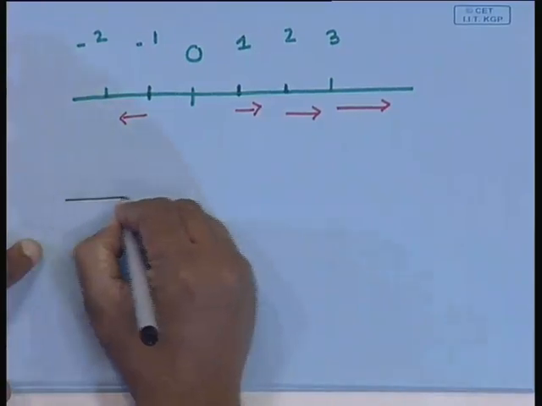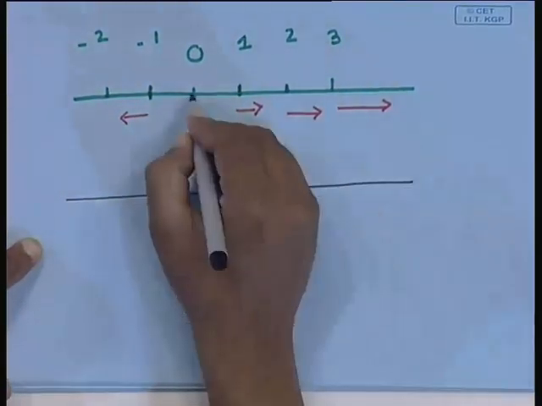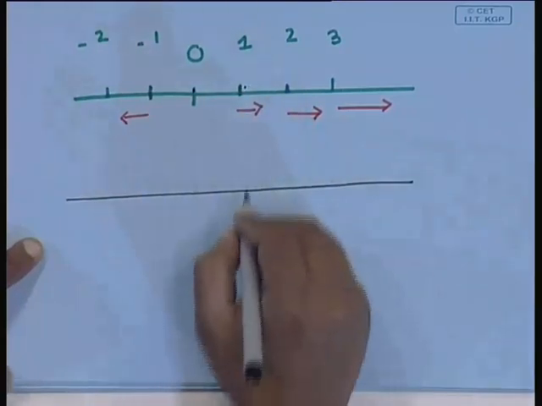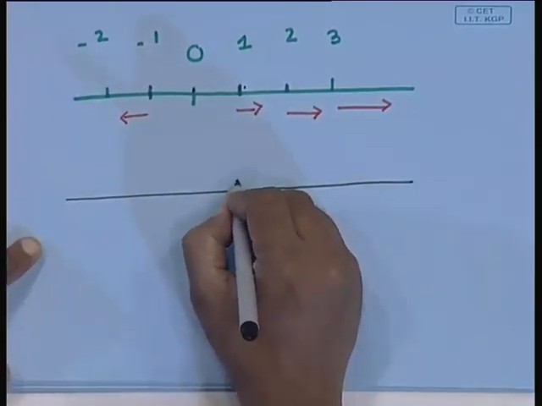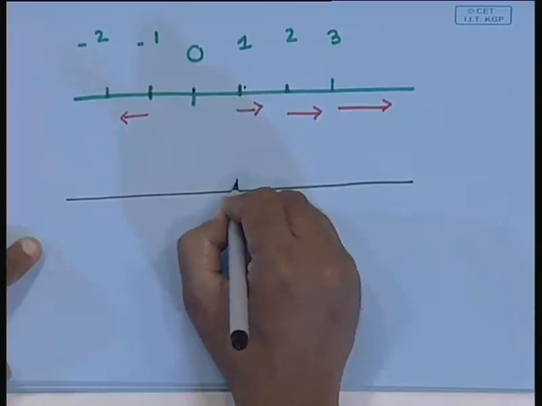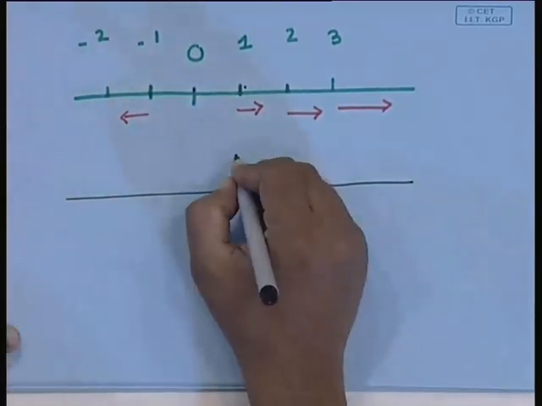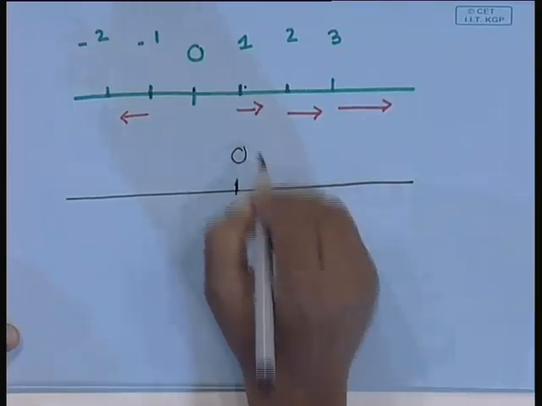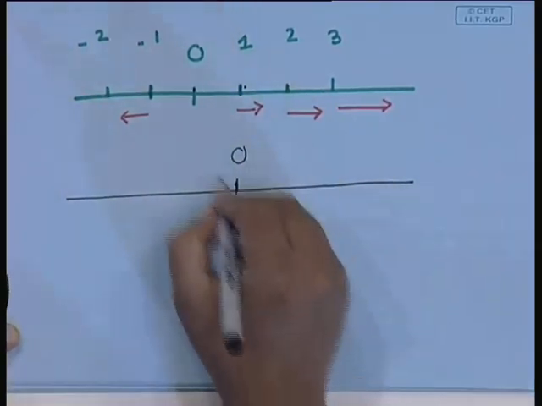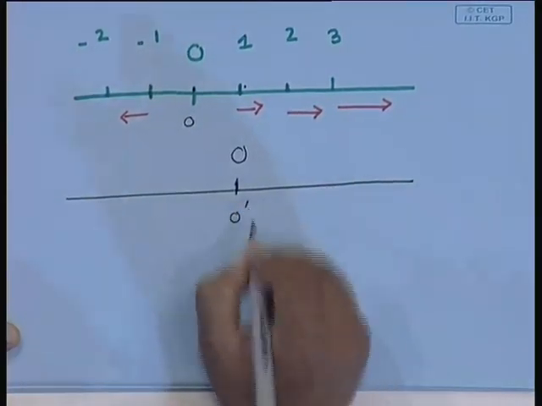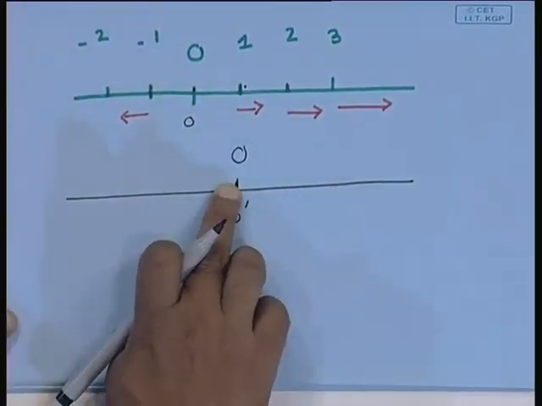So, let us consider the situation where I have an observer sitting not at this point, but at this point. So, an observer sitting at 1, my observer is now sitting here, and let us ask the question, what does this observer expect to see? This observer let us call O prime. So, this is the observer O and this is the observer O prime. So, my origin has also shifted to O prime.